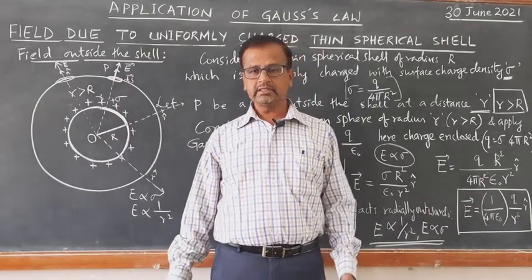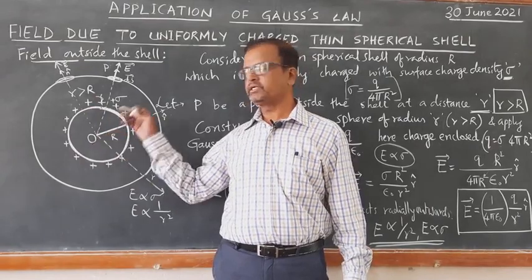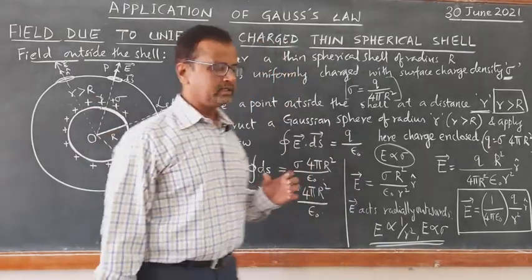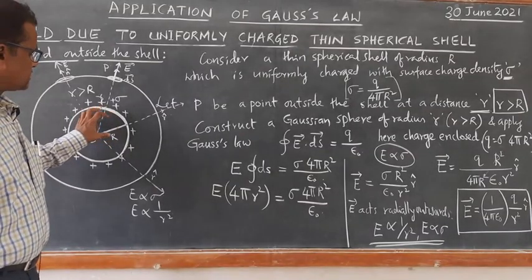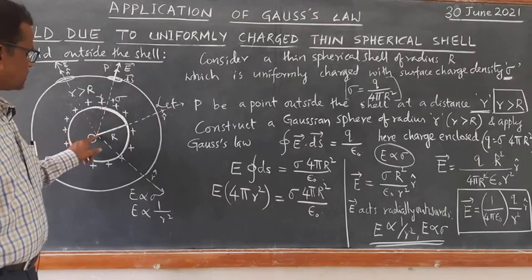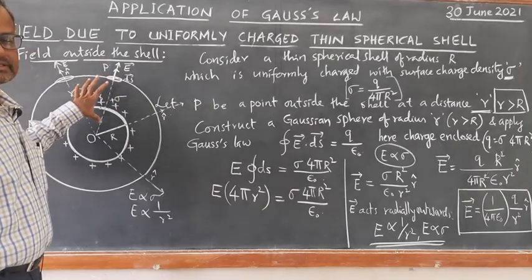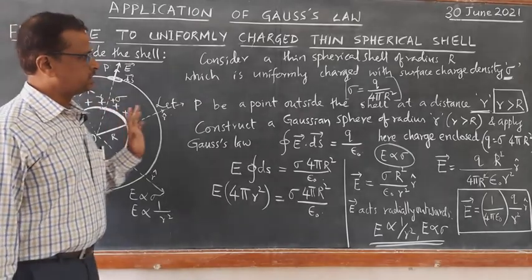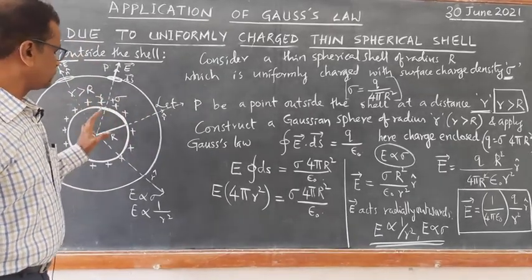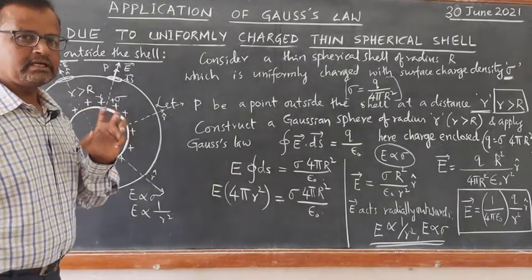It is as if the entire charge on the surface is concentrated at the center as a point charge, and we are finding the electric field at this distance r. Therefore, the electric field is calculated as if the entire charge is concentrated at the center.